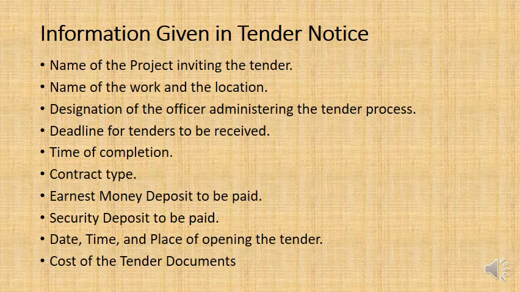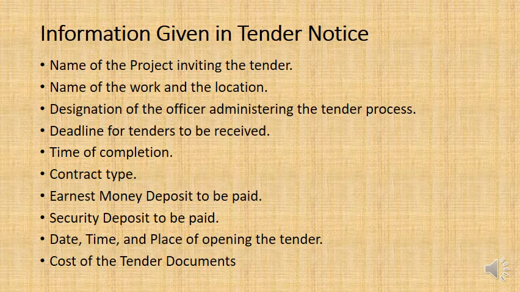And then there is something called earnest money to be paid, or earnest money deposit, and security deposit. So this means that this is basically deposits, money that the contractor will give to the engineer, and it's just a deposit. They'll get it back, but we'll talk about why that is later.